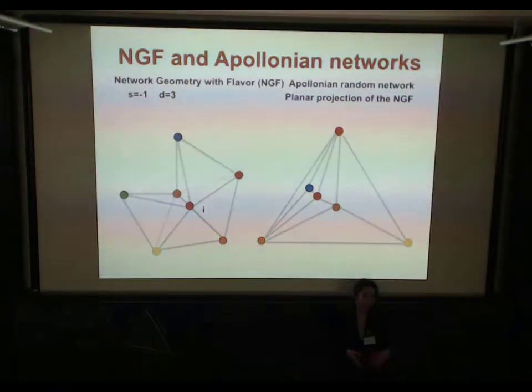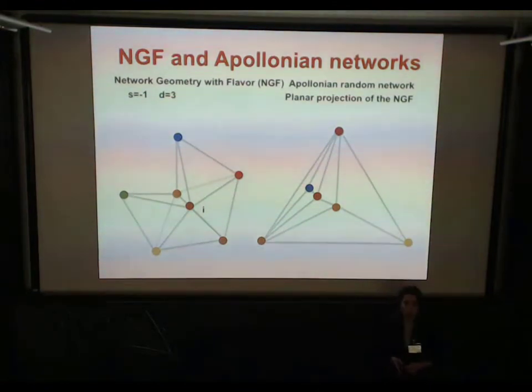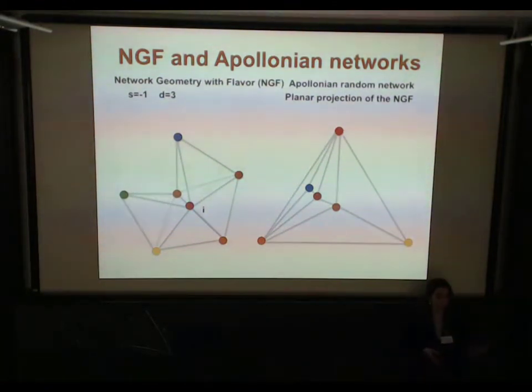So instead of using nodes and links, if you start to use simplicial complexes, a scale-free degree distribution can emerge just from the topology of these networks and the different dimensions of this graph.